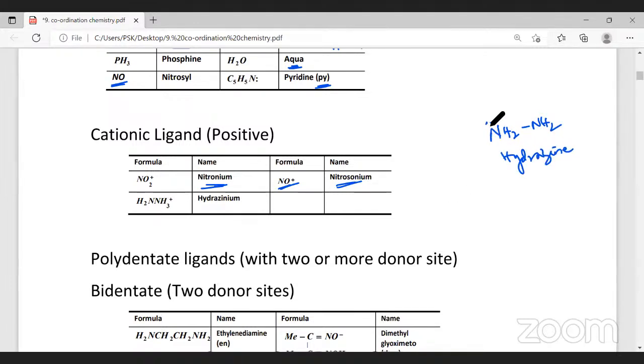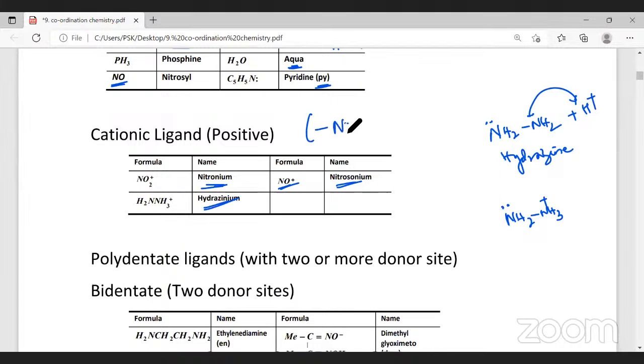Now, nitrogen has a lone pair of electrons here. When this hydrazine reacts with an acid, it donates a pair of electrons to the proton, and we get NH2-NH3+. So this nitrogen has only one pair of electron donor. Therefore, it's called hydrazinium.